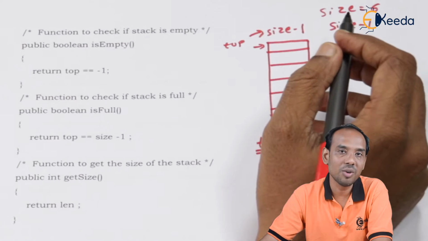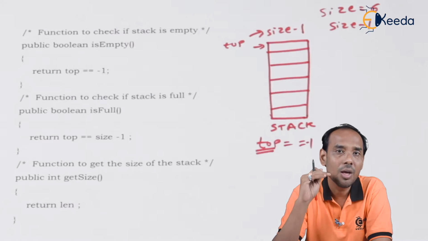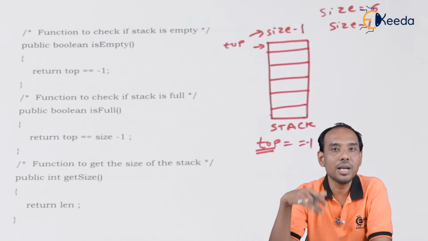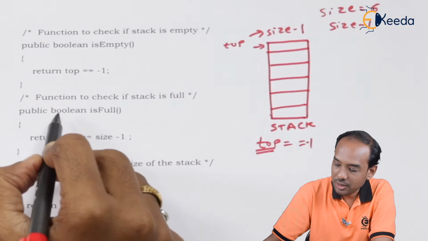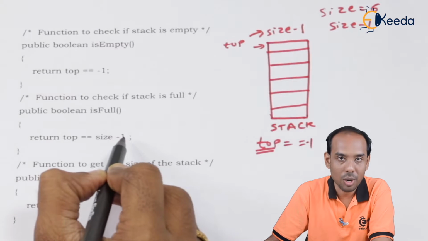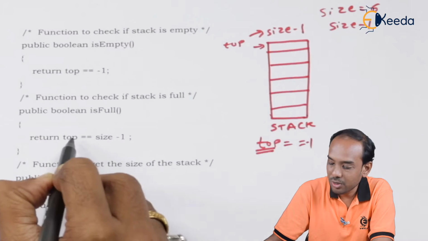Let's take an example where we have size 6. So the top value where I am going to have the maximum is size -1. That is 6 minus 1, which is going to be 5. So in this case, Boolean isFull: top equal to size -1. So if size is 6, it is 6 minus 1, which is going to be 5.